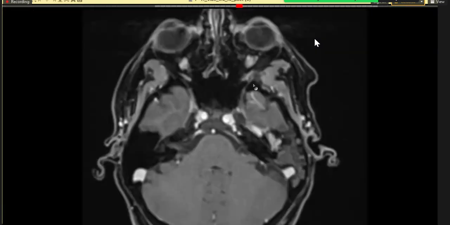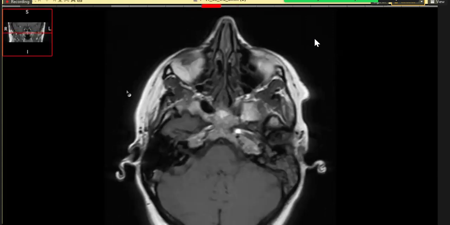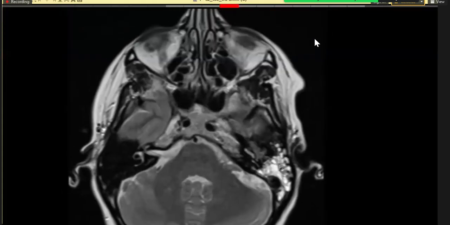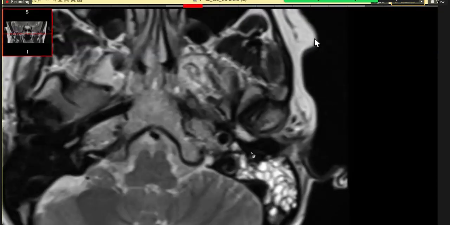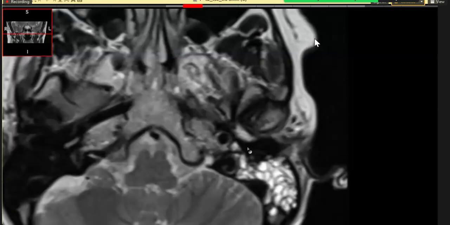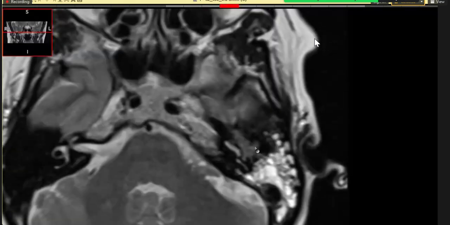Now, the T2 weighted sequence shows it is slightly different in characteristics as compared to the rest, and it beautifully shows you the anatomy on an MR. It is completely filling up the middle ear. Anatomy doesn't change, the modality changes. So cochlea and vestibule, lateral semicircular canal, it is filling it up.